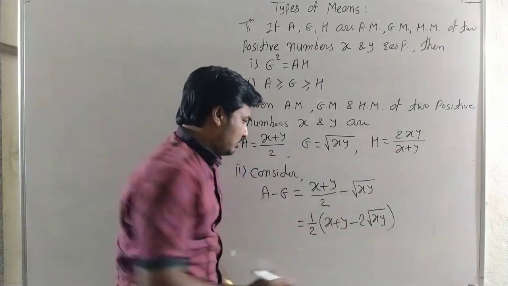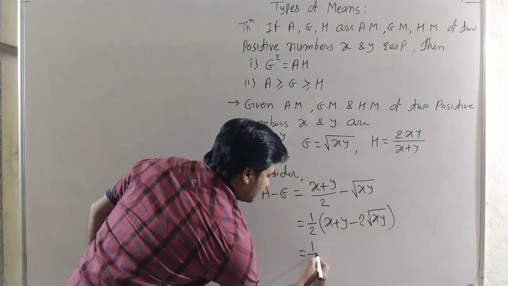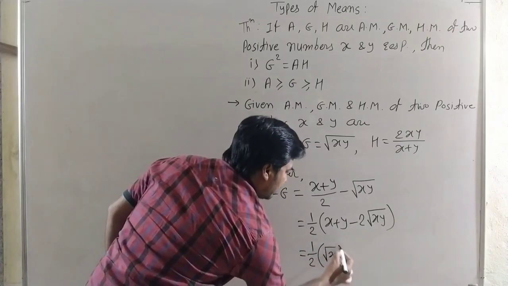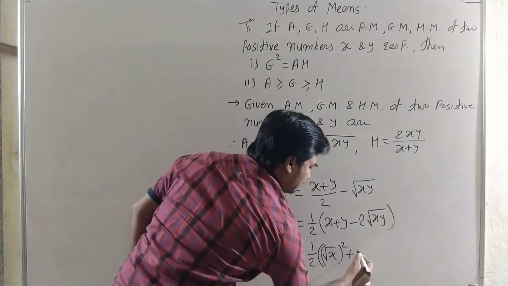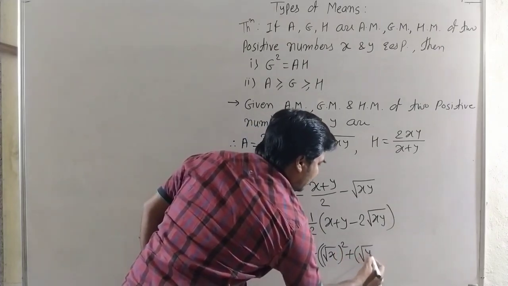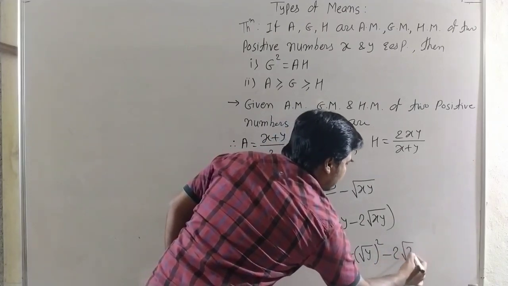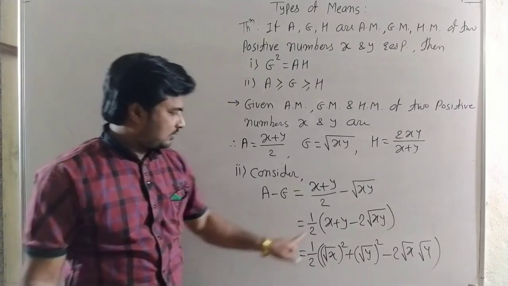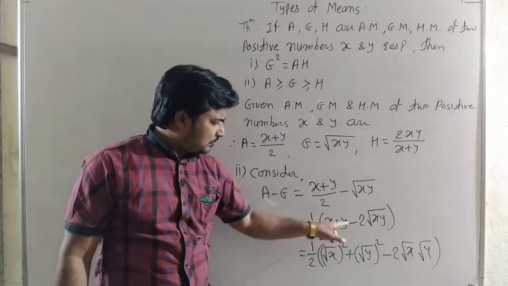This can be written as 1 by 2 into under root x square plus under root y square minus 2 into under root x into under root y. See carefully, this x we can write as under root x square, that means x.